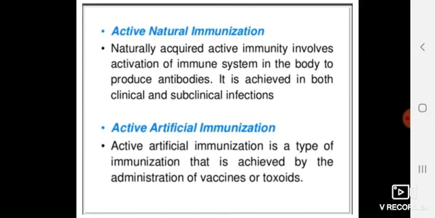Then another one is active natural immunization. The naturally occurring active immunity involves the activation of the immune system of the body to produce antibodies. It occurs in both clinical and subclinical infection. Here, whenever one infection has already happened, our body will store all the antigen-antibody systems.